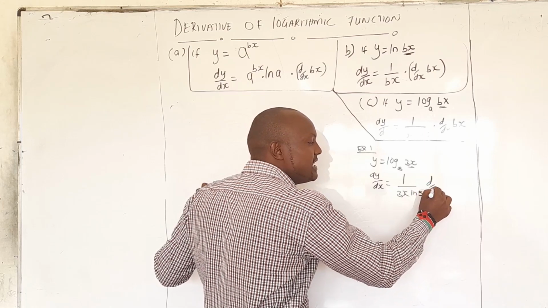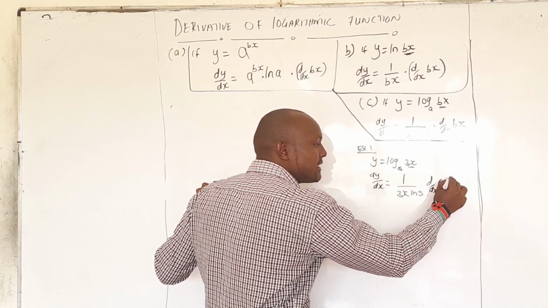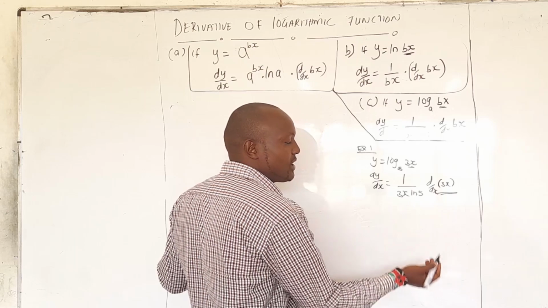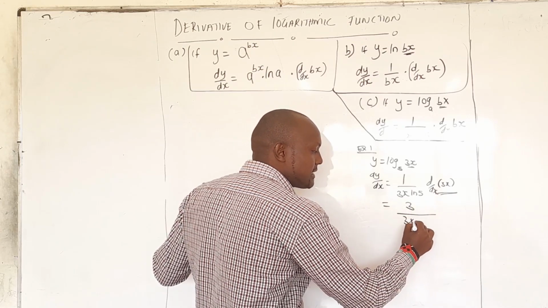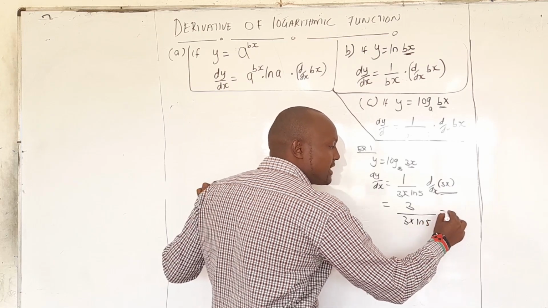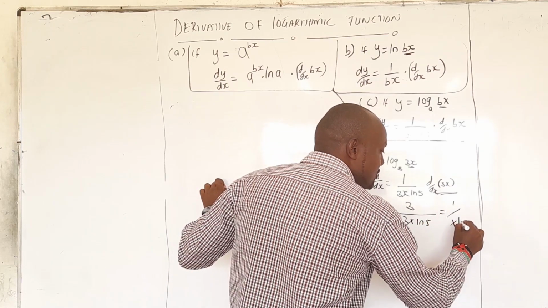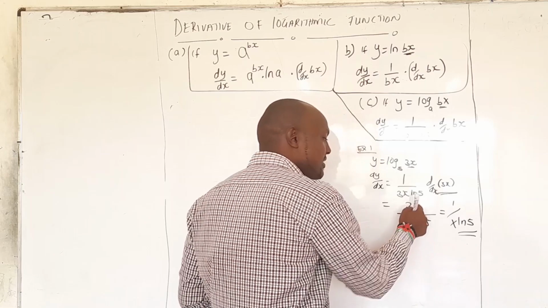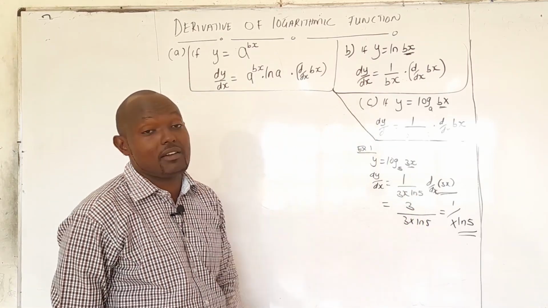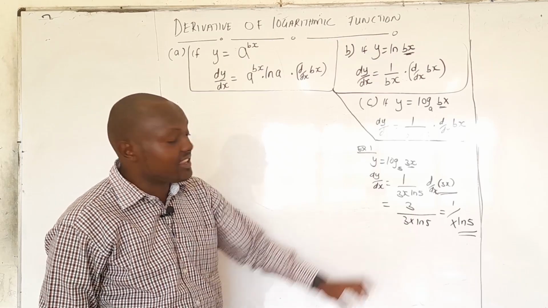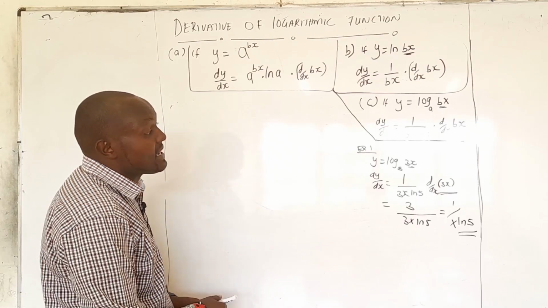Then you differentiate your 3x, and you get 3. So it will be 3 all over 3x natural log of 5, which gives 1 over x natural log of 5. That's the answer, because the 3 in the numerator and the 3 in the denominator cancel out. That's how we differentiate the logarithm of a function with a base.